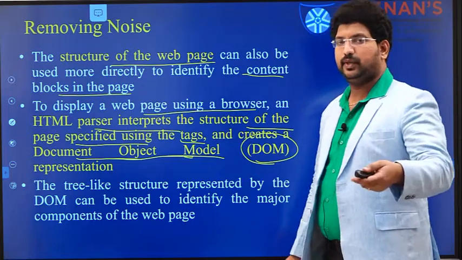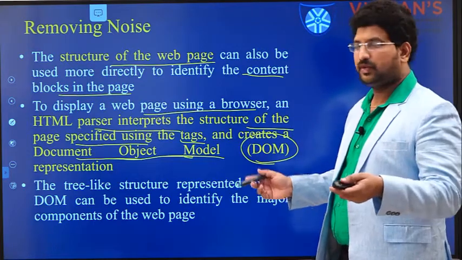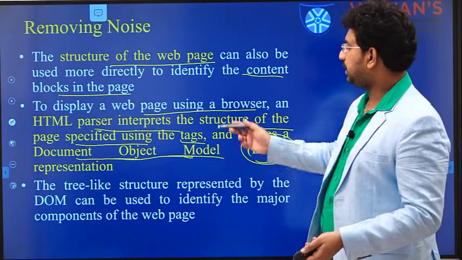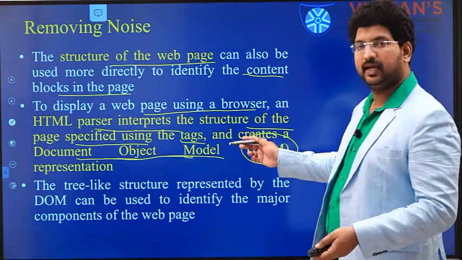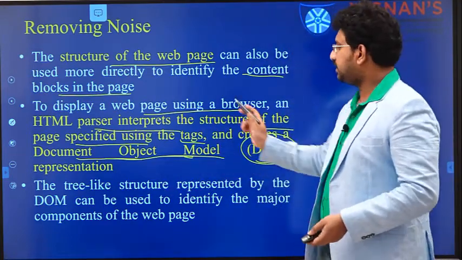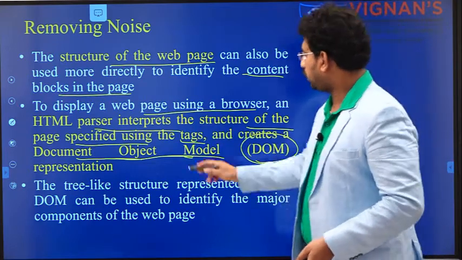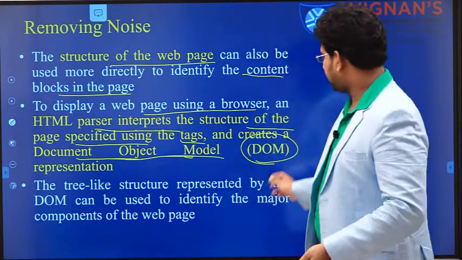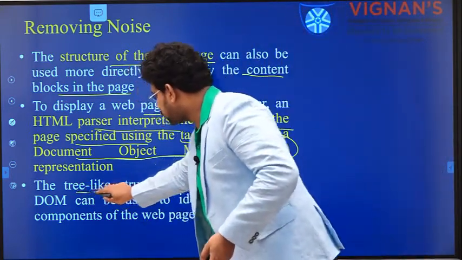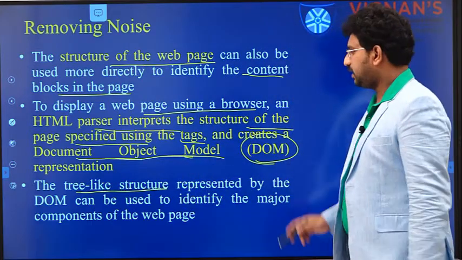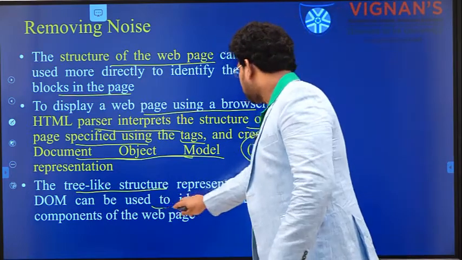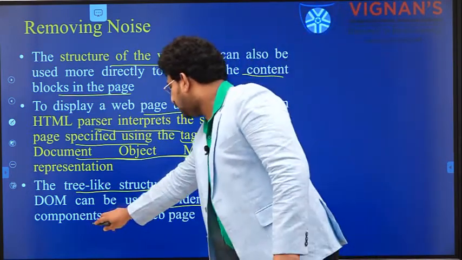So the structure of the web page can be used to directly identify the content blocks, and here the HTML parser interprets the structure of the page specified using the tags and contents and creates a document object model. That's what we call a DOM. It is a tree-like structure. The tree-like structure represented by the DOM can be used to identify the major components of the web page.